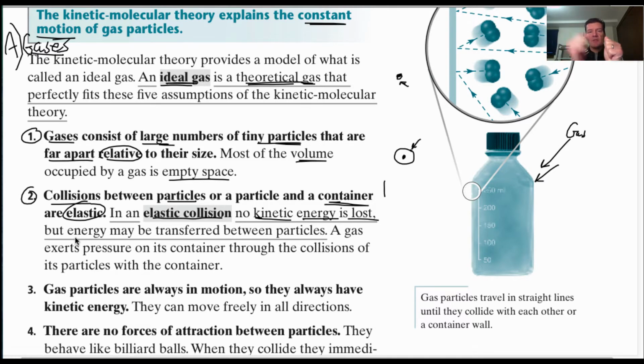This one, maybe going faster, may transfer some of its energy to the other one, and now the second one's going faster and the first one's going slower, but no kinetic energy is lost. They go different directions and they may transfer energy. One may go faster or slower than before, but overall, the total collective kinetic energy is still the same as it was before the collision. So no kinetic energy is lost.